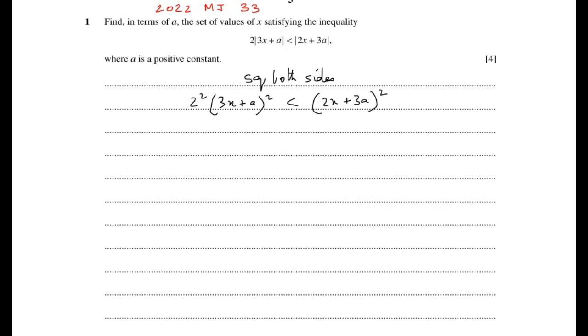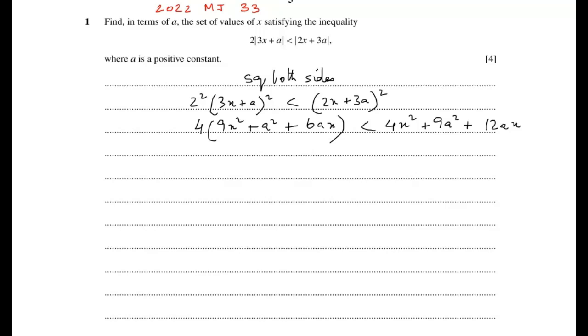So that is 4 times 9x squared plus a squared plus 6ax, the whole is less than 4x squared plus 9a squared plus 12ax. Right, I'm going to expand this.